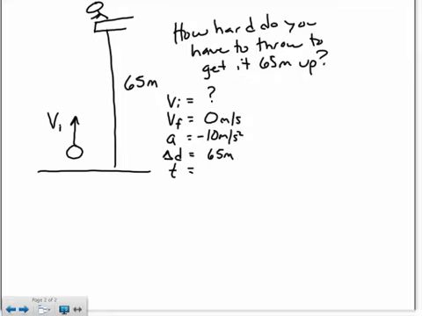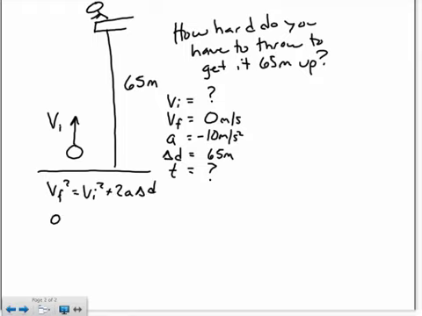Initial velocity is what we're looking for. Time, we don't know that either, but we can solve for it. Now that we have all our values, what do we use to solve for initial velocity? We could use the VF squared, same thing we just used.